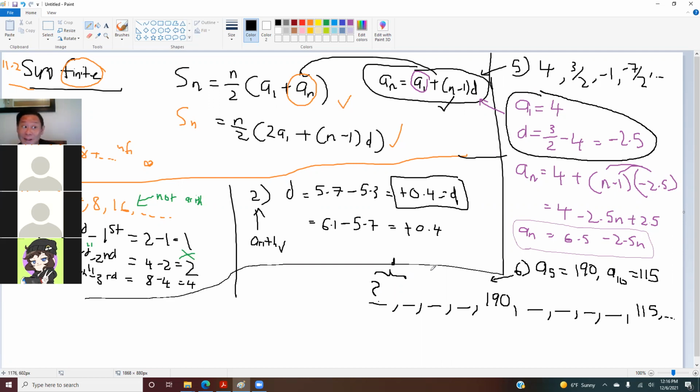This kind of question you will get in my finals, where you have to think, not like number 5, where A1 is this one and D is that, just subtract those two. So you need to think about how we figure out the D first. Once you know the difference, you should know what's going on. So anyone know this?